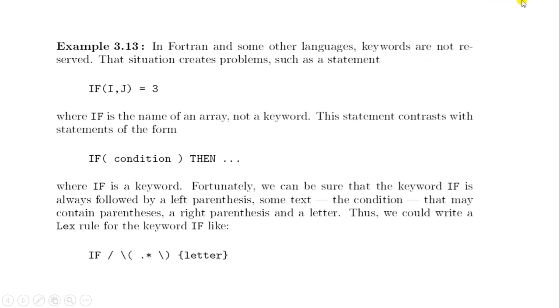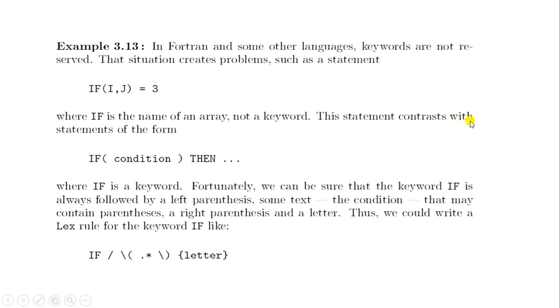For example, in Fortran and some other languages, keywords are not reserved. That situation creates a problem in a statement such as IF(I,J) = 3, where IF is the name of an array and not a keyword. Just keep this in mind.